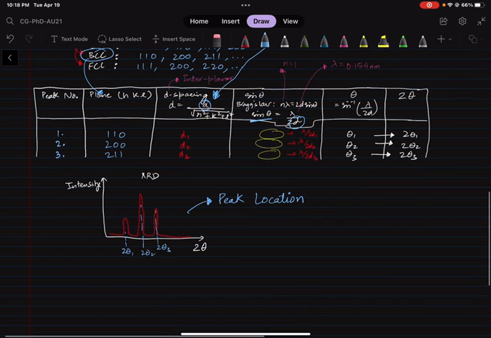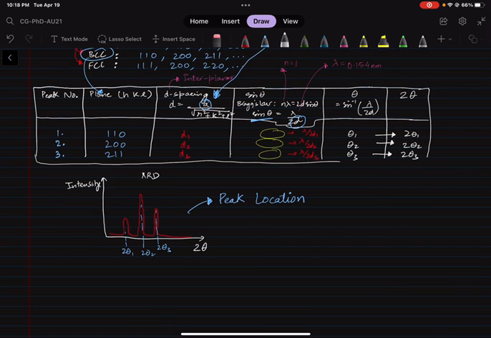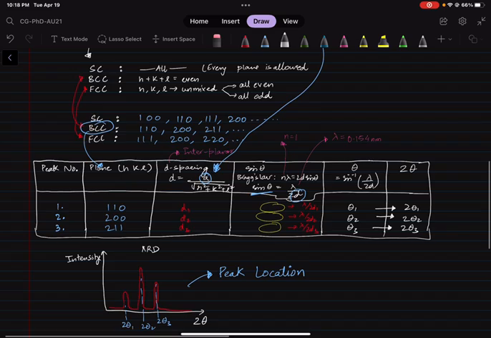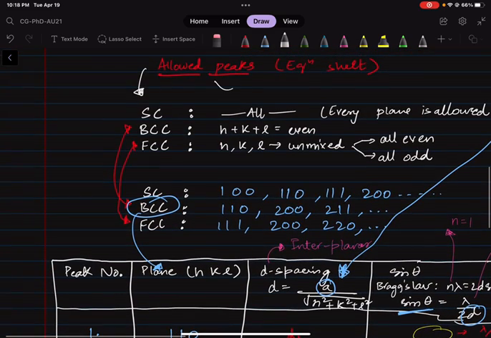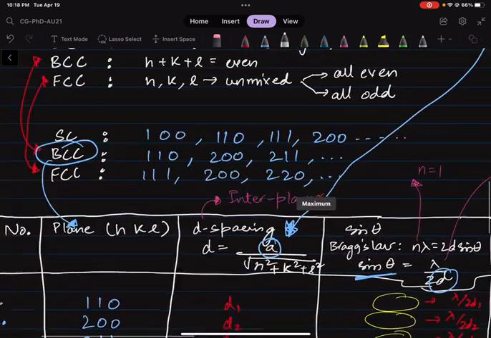Again, try practicing using this table form. It organizes all the calculations in a nice tabular way, makes it easier to understand. The allowed peaks are, I should say, given to you in the equation sheet, so you do not need to remember these.